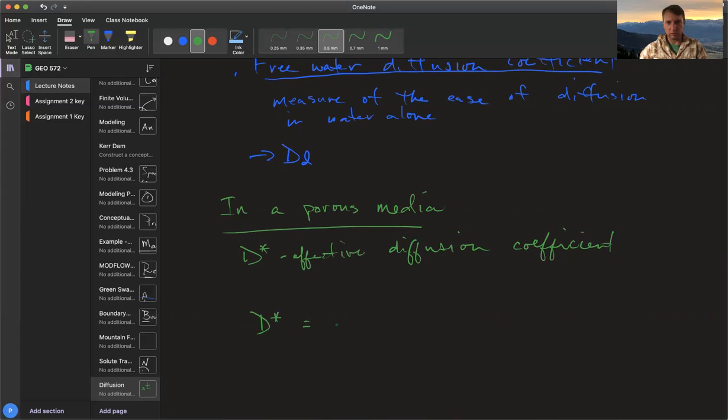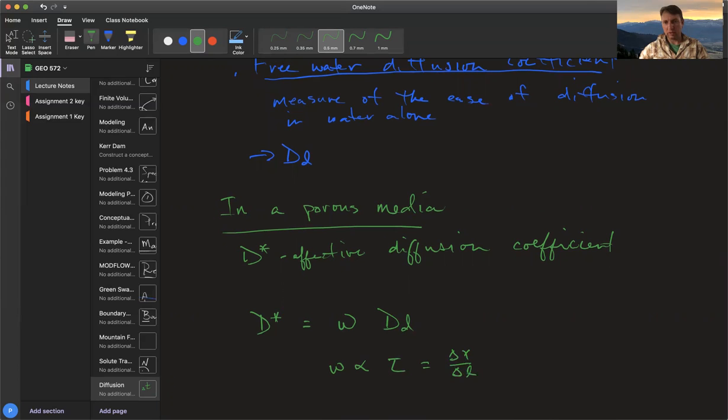It's equal to omega times D_d, where omega is proportional to the tortuosity, all right? And here the tortuosity, I'm going to define as delta x over delta L.